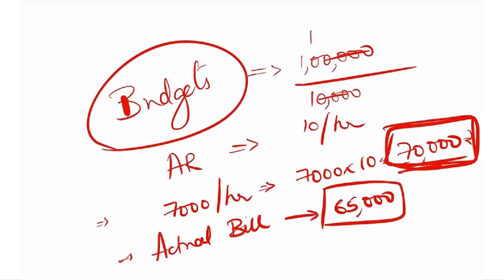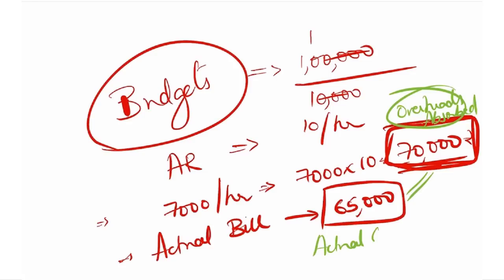This difference, we call it as under absorption or over absorption. So when do we call it as an under absorption? This we call overheads absorbed, and this is my actual overheads.